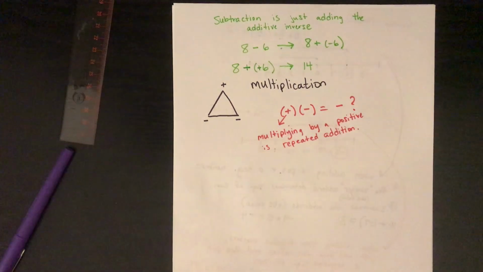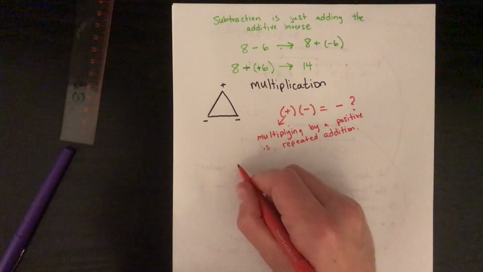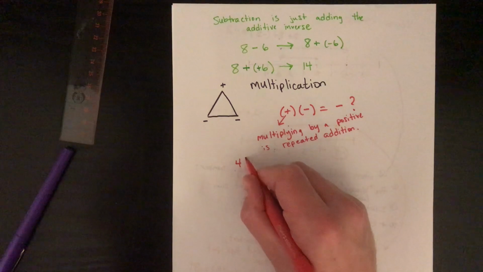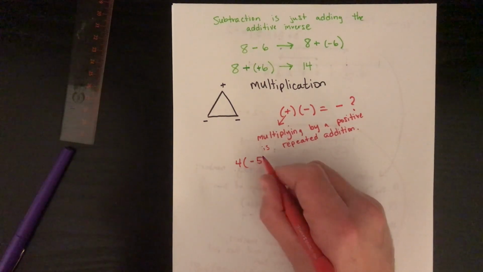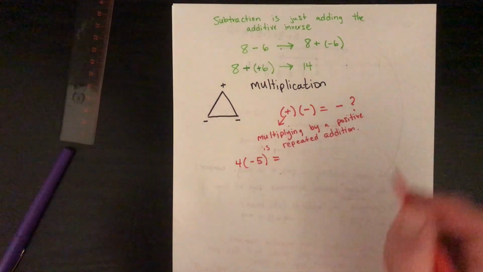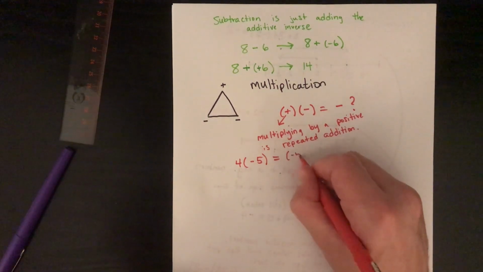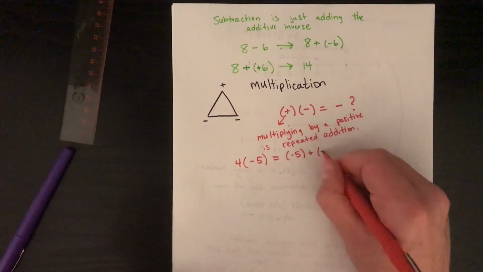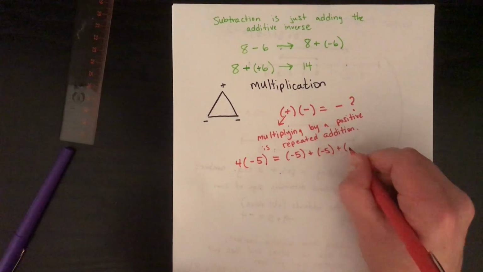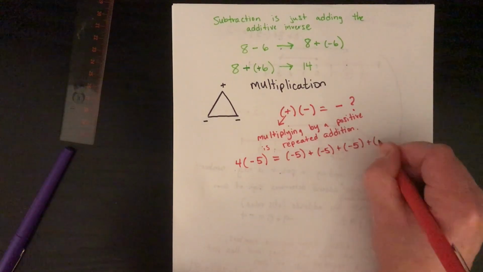And so let's try a couple. If we wanted to do 4 times negative 5, well, that's just like adding negative 5 to itself 4 times, right? So what we have here is negative 5 plus negative 5 plus negative 5 plus negative 5.